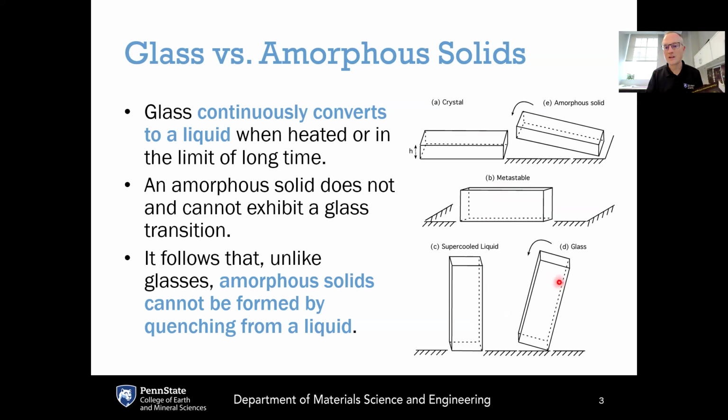The glass is non-equilibrium with respect to the supercooled liquid, so the glass is continuously relaxing towards the supercooled liquid state. If we tilt it up like this, it is unstable, so over time it is continuously relaxing towards the supercooled liquid state, as shown in this diagram here.